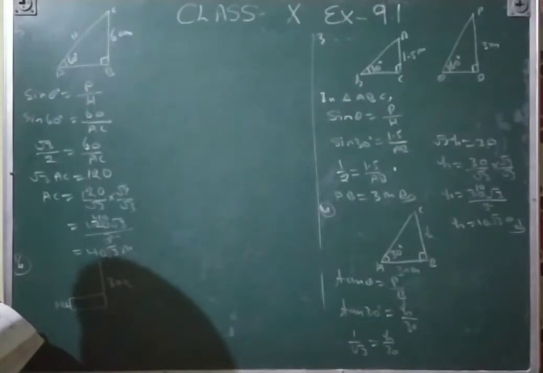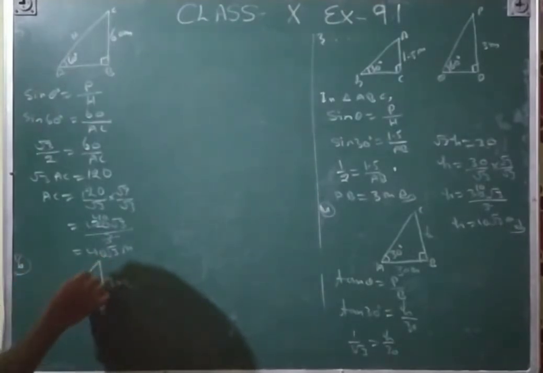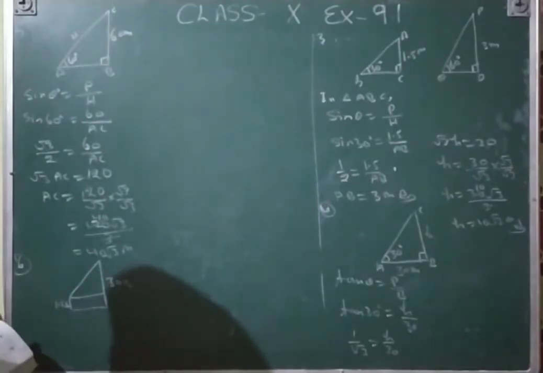The angle of elevation from his eyes to the top of the building is a 30-degree angle.